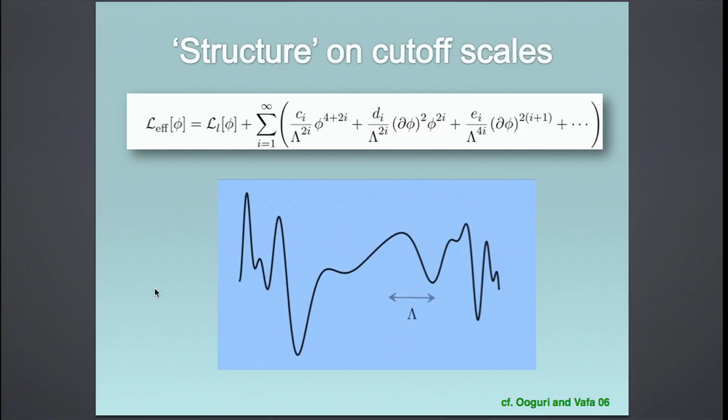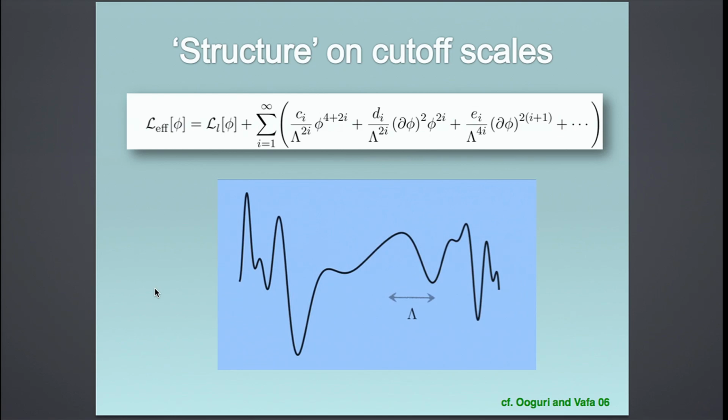So in the case that the light field does couple to heavy modes, what you generally expect is if there's some cutoff scale lambda representing the mass of heavy stuff, then on scales of order lambda in the field space, you find structure in the potential, represented, for example, by higher dimension contributions to the potential term. But also you find structure in the metric on field space, so in the Kahler manifold in the supersymmetric examples we'll encounter.